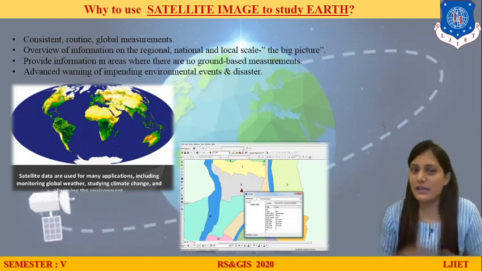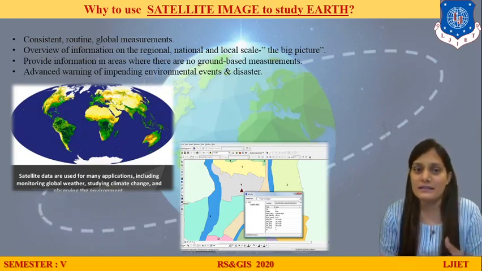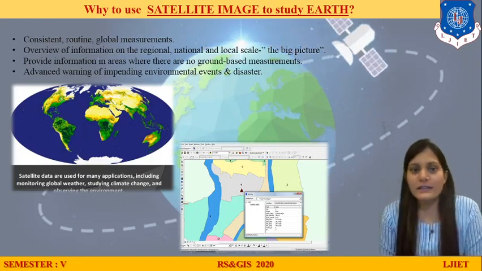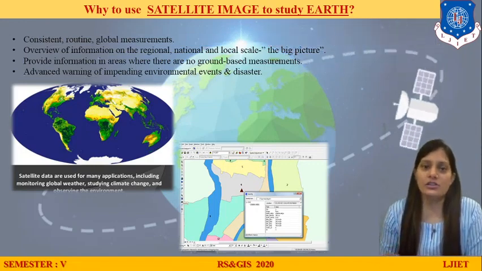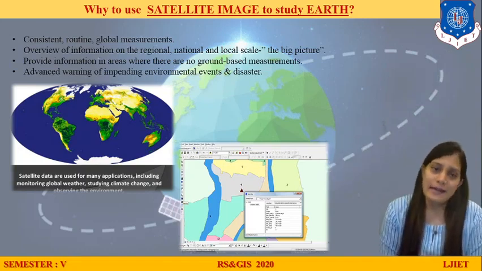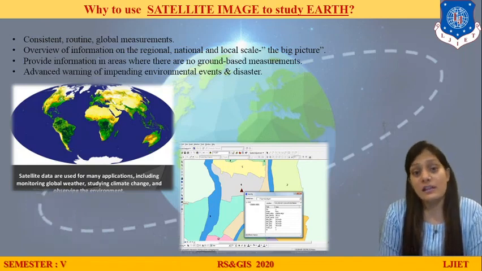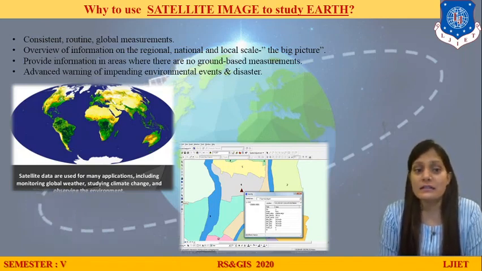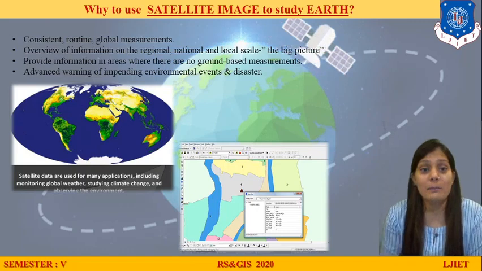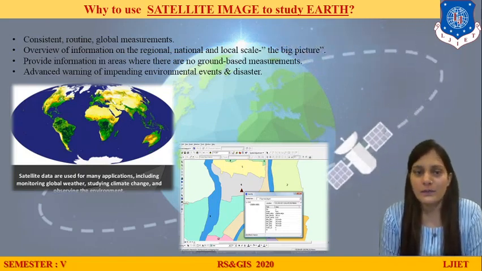We are going to give the projection, we are going to give the coordinates, and then we are going to solve any issues, any analysis that we want to do. So it can give us national, international, regional level, every type of information from the satellite image, right? Basically this is very important for predicting disasters, for knowing how the environmental impacts are going. So that is why satellite image is also very important.